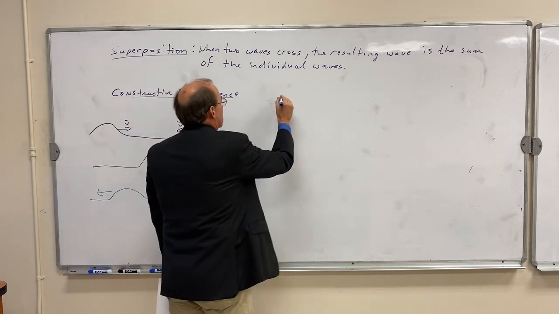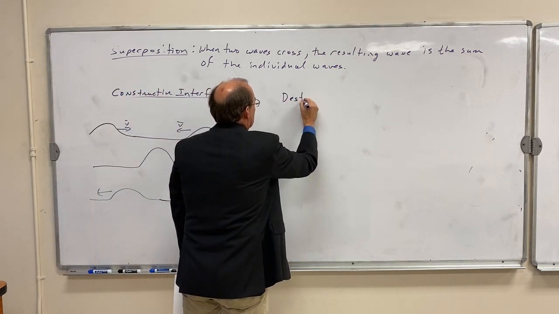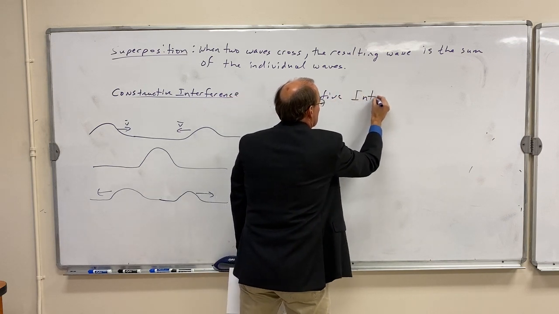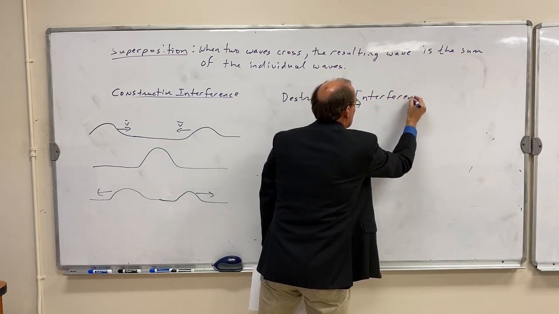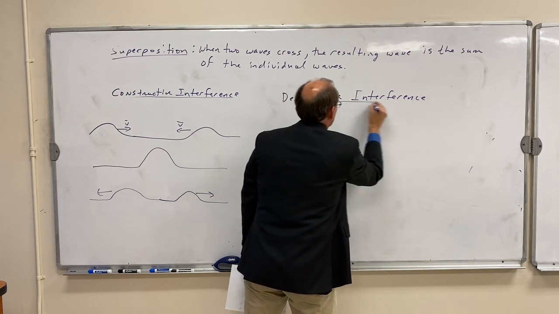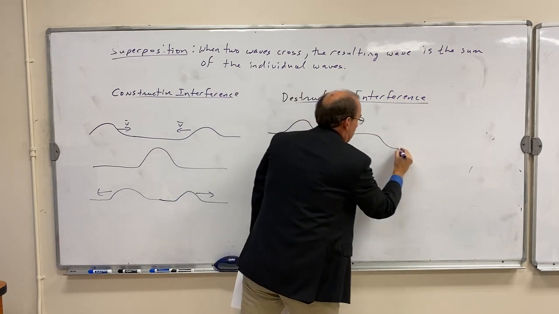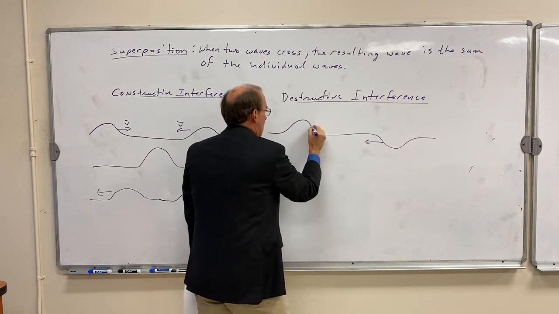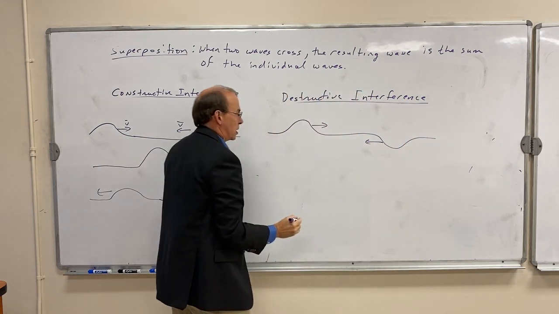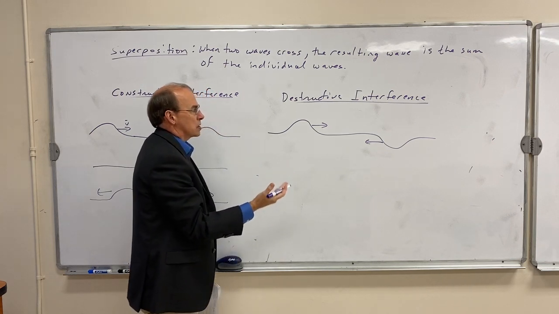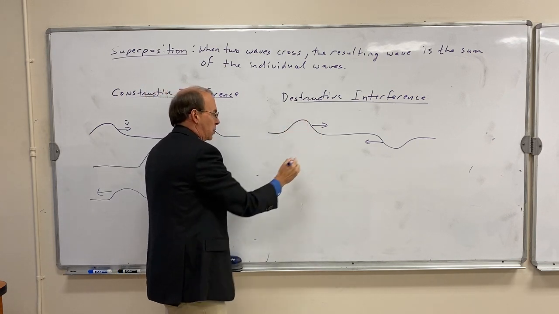There's also something called destructive interference. So suppose I have a pulse like this and a pulse like this that meet. This upper one going to the right, the lower one going to the left. When they cross, the result is still the sum, but one of these is positive and one is negative.